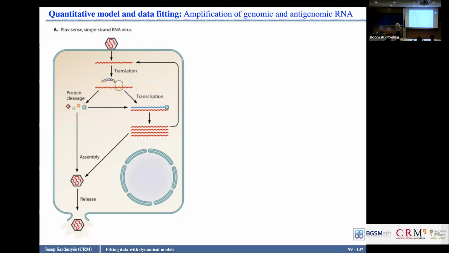The polymerase is the one making the copies of the genome. This is what we call transcription, and these are also called non-structural viral proteins. The structural viral proteins are those used to build the capsid, and then the virus is released. So this is very simple, but now we will focus on this process here.